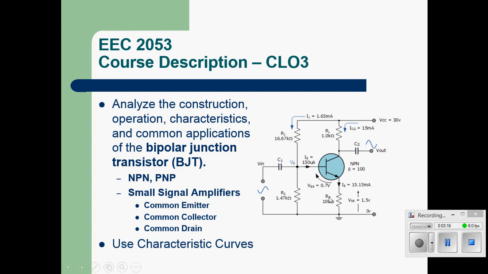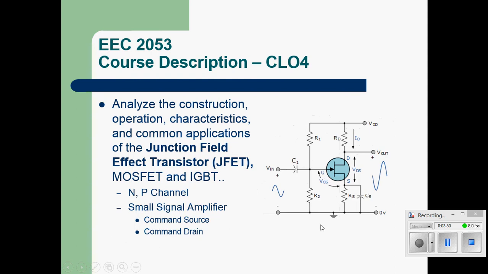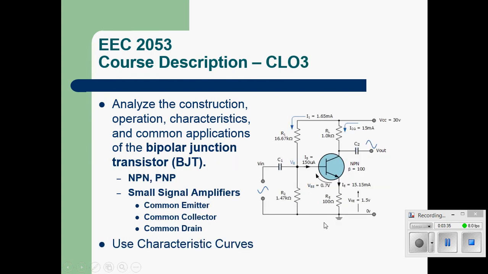Everything is composed of these wonderful devices. Even the digital circuits that you were using last semester are made from transistors. There are 2 types of transistors that we will have to learn about. One is called the BJT, and the other one is called the FET. But we'll focus mainly on the BJT.